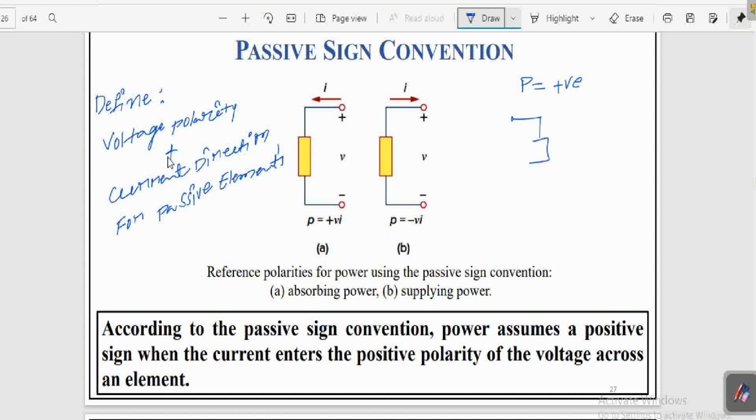For example, consider this is an element. According to positive convention, power is assumed a positive sign when current enters the positive polarity of the voltage across an element.